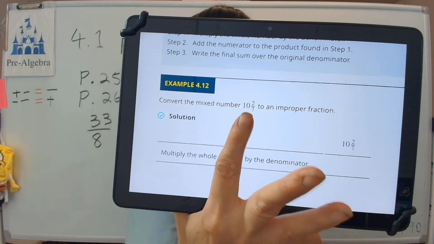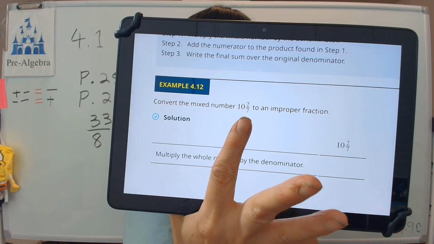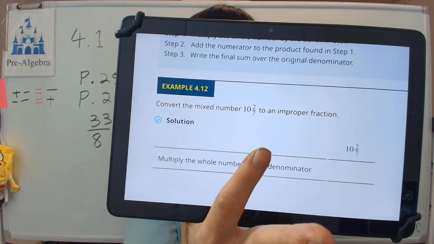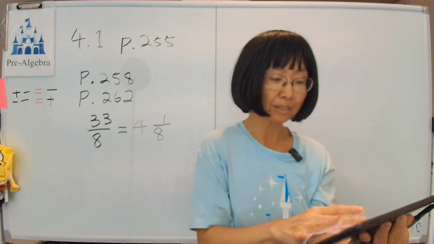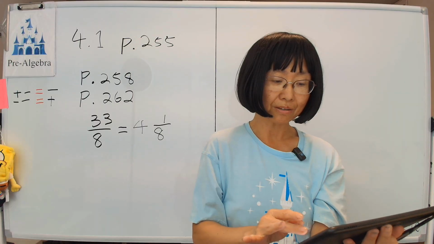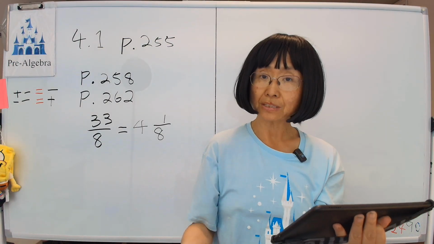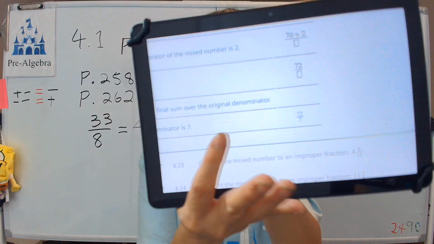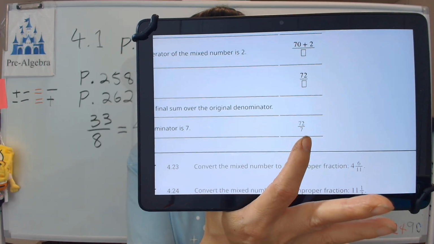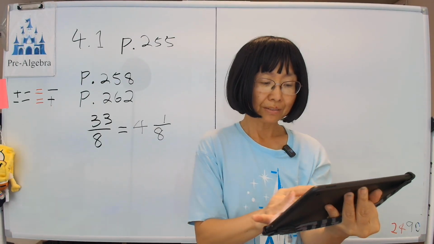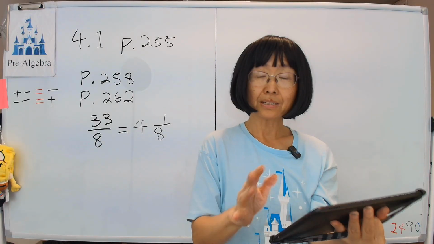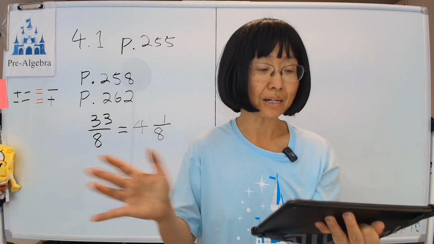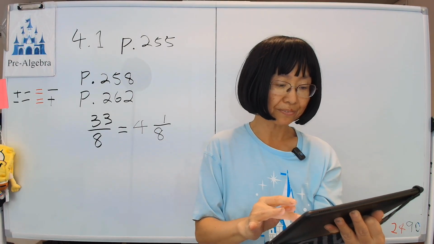You will take 10 times 7, which gives you 70, and then plus 2, which is 72. And that is the total amount of pie pieces that you have. So the answer will be 72/7. Okay, that is the fraction, which, if you look at the next page, is exactly what it says. Because you're just counting how many pieces you got total, if it's cut in that specific way.